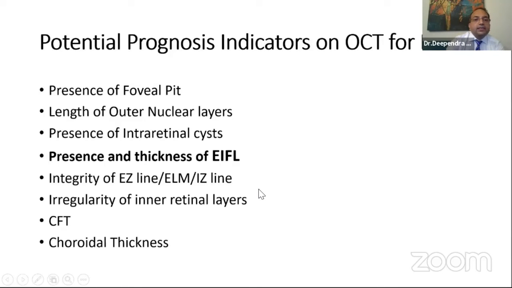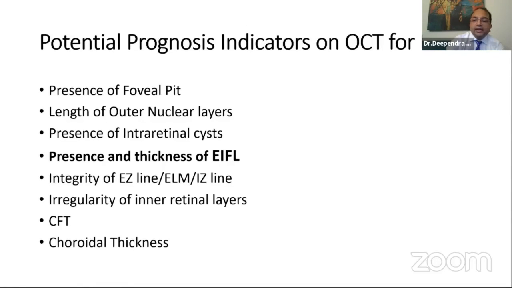Not only this, out of a lot of parameters, except for the integrity of photoreceptor lines, I think the presence and thickness of ectopic inner foveal layer has a very important bearing on prognosis after surgery. I think all other OCT based features have very little impact on visual recovery after ERM surgery.